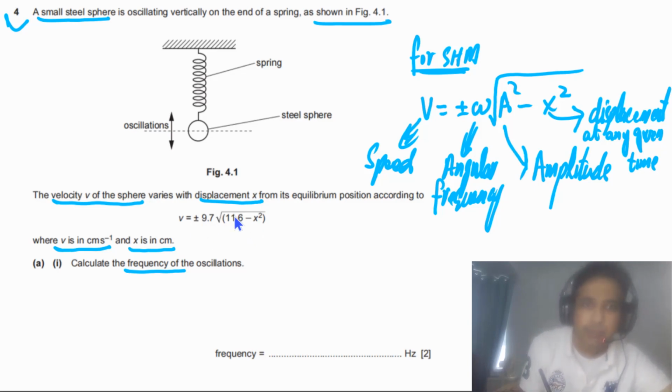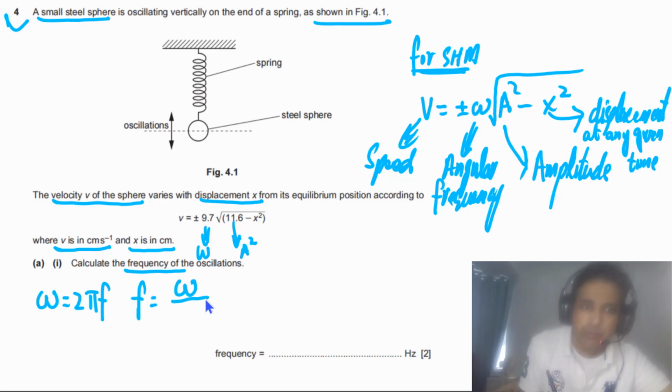Now simply if we compare this one, so this one is omega square and this one is a square and this is x square. We need to calculate frequency of the oscillation. So if we have angular frequency, then we can calculate the frequency of oscillations. From here we can write down frequency of oscillations.